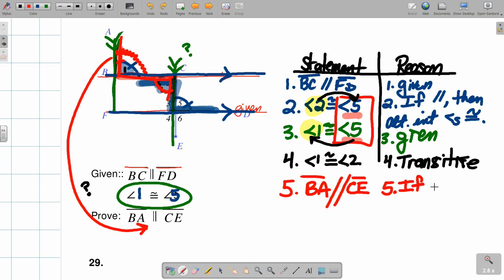If alternate interior angles are congruent, then the lines are parallel. In proofs, we have the how steps on the left and the why steps on the right.